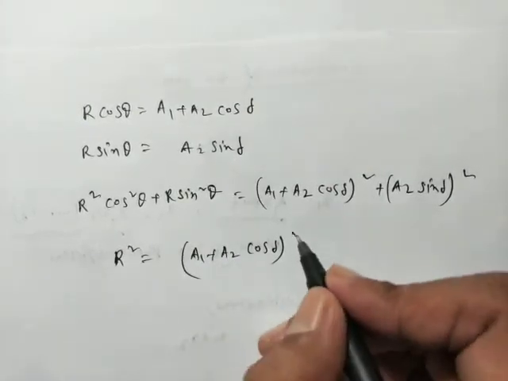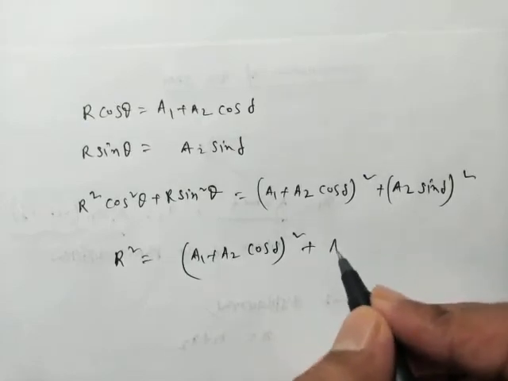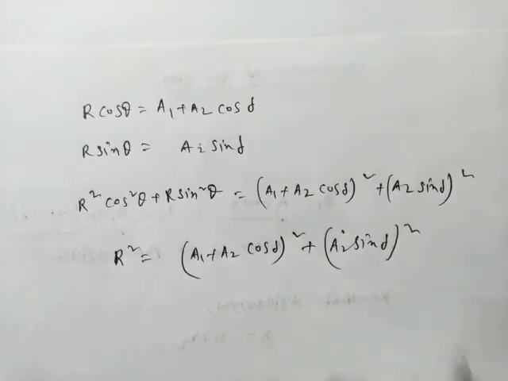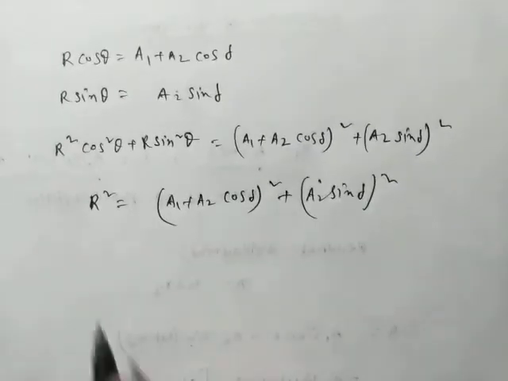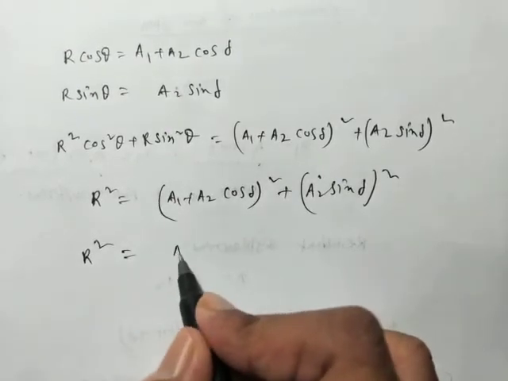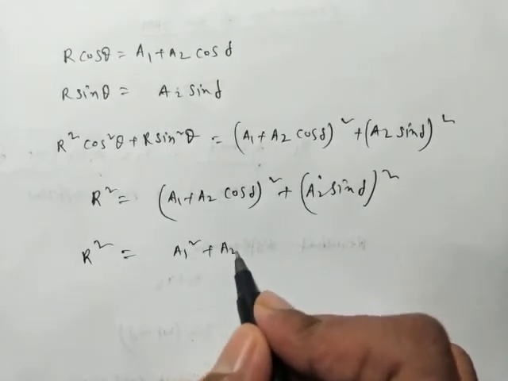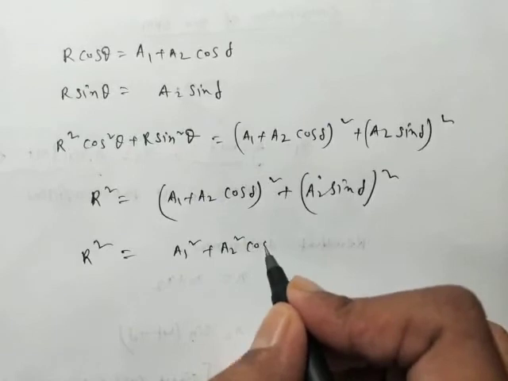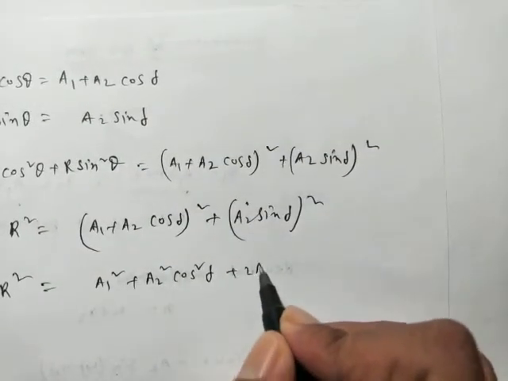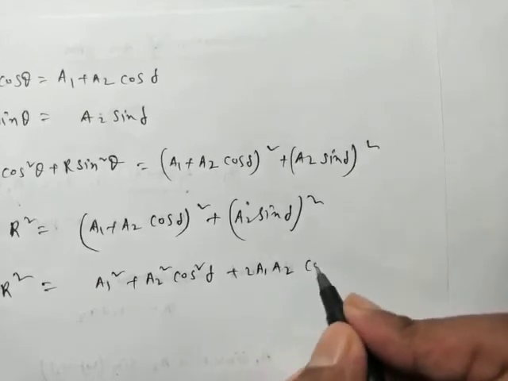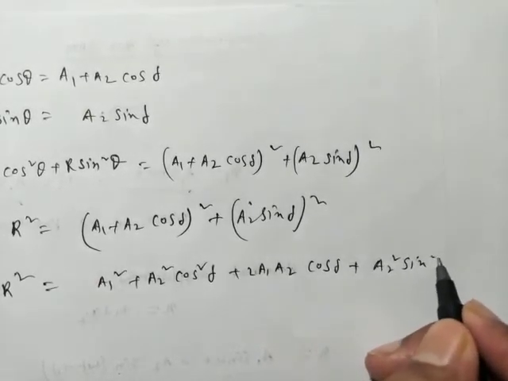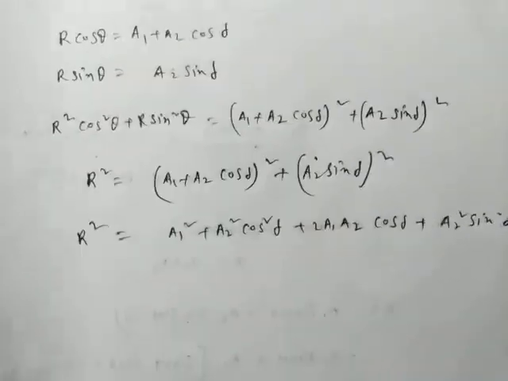(a1 plus a2 cos delta) whole square plus (a2 sin delta) whole square. So it will be r square equals a1 square plus a2 square cos square delta plus 2 a1 a2 cos delta plus a2 square sin square delta.